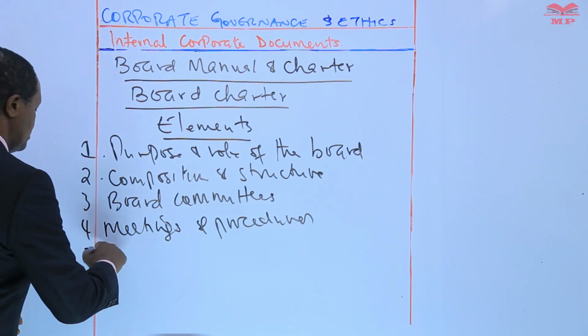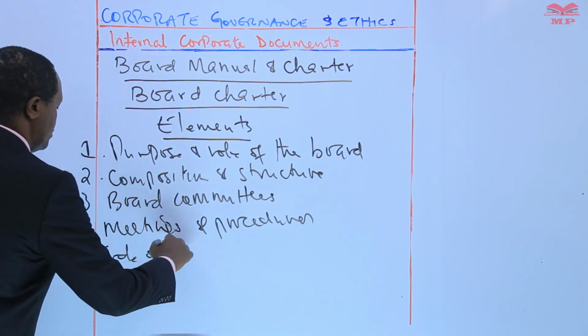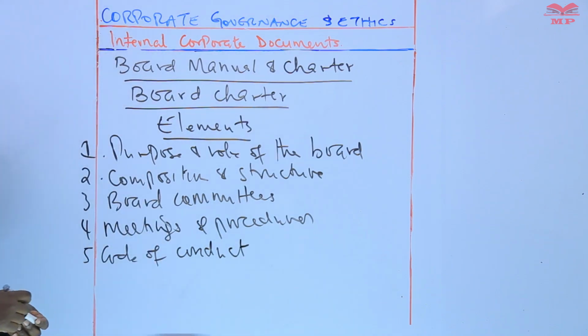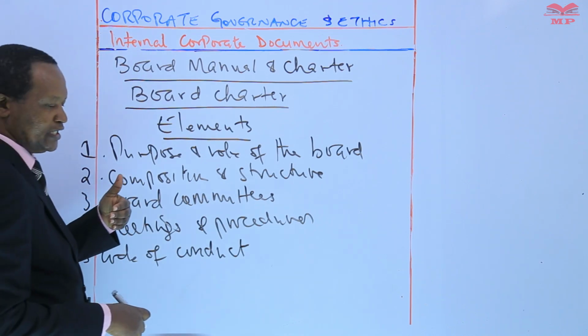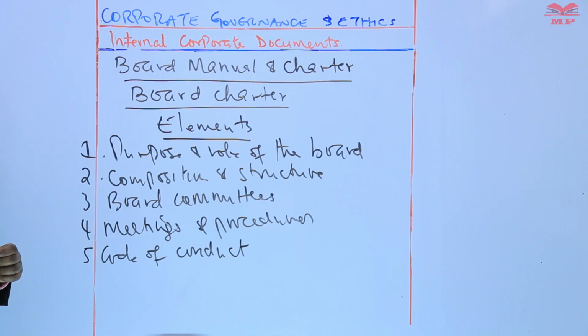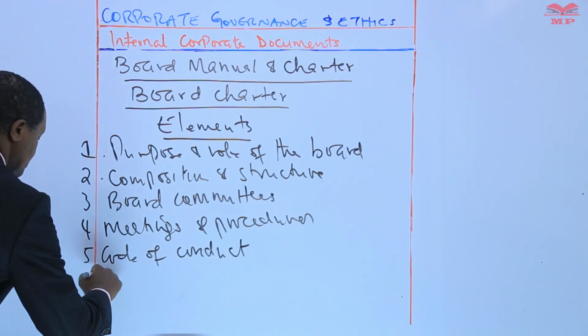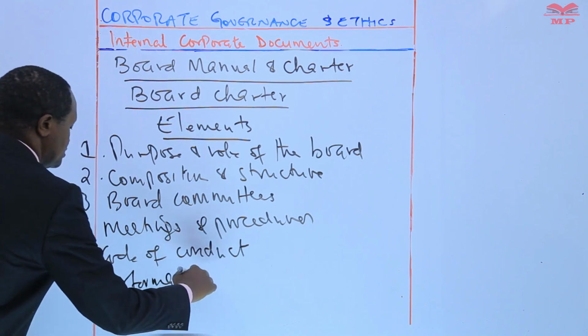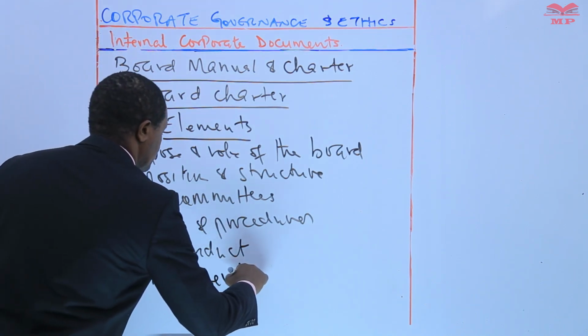5, code of conduct. A board charter establishes ethical standards and expectations for board members' behavior. 6, performance evaluation.